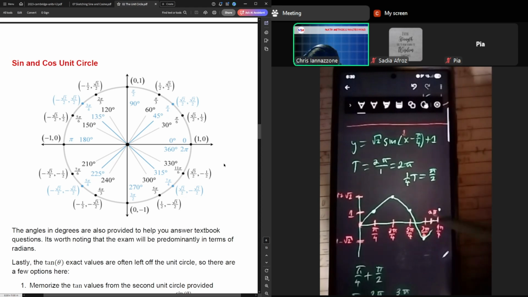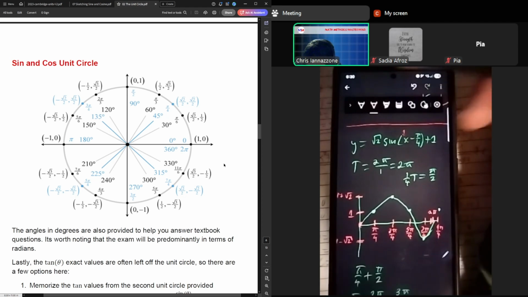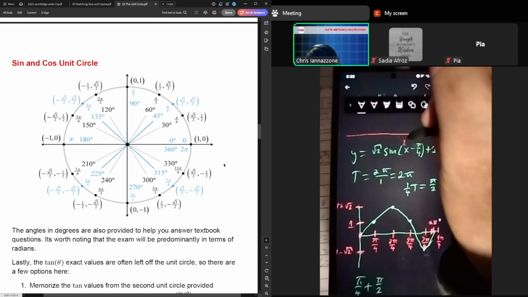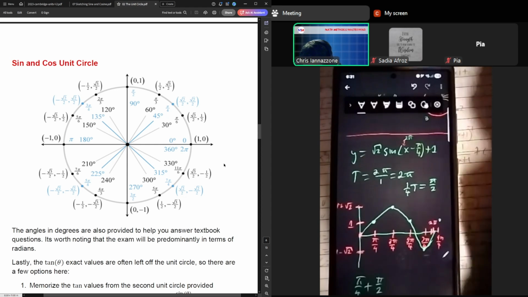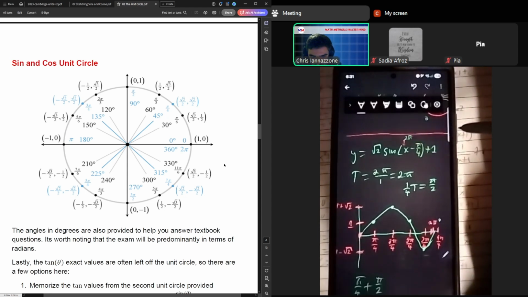Now, I'm pretty sure, just based on the symmetry of things, that 2 pi should be 0, because 0 and 2 pi as angles on the unit circle should be identical. Let's just double check. So if I put a 2 pi in there, what's that? 8 pi over 4 minus pi over 4, yeah, 7 pi on 4. That's the exact same spot.